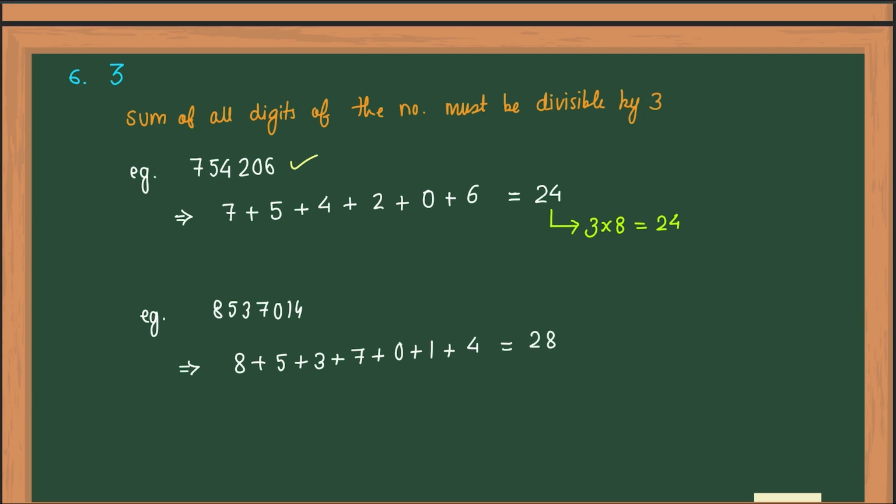So we know that 28 doesn't come under the table of 3, or you can clearly check it by dividing it by 3. 3 times 9 is 27. The remainder is 1. Since we are getting a remainder over here, we can say that this number is not divisible by 3.